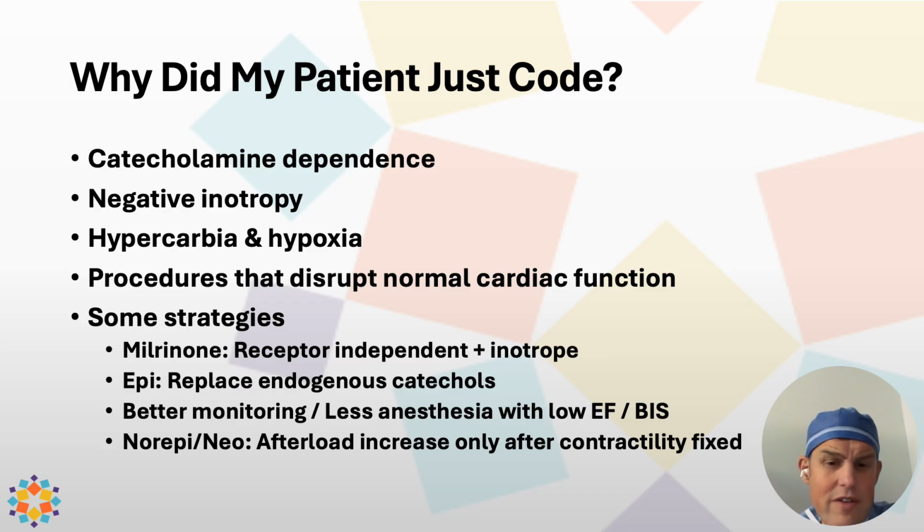So when you reduce those endogenous catecholamines, give them back. So the way that I think about that is we want to keep our Starling curve just like it was at rest, or as close to it as we could. So we give the milrinone to overcome the negative inotropic effects of our anesthesia. And when we take away catecholamines with our anesthesia, we give them back. So I like to titrate my epinephrine when I use it to baseline heart rate.